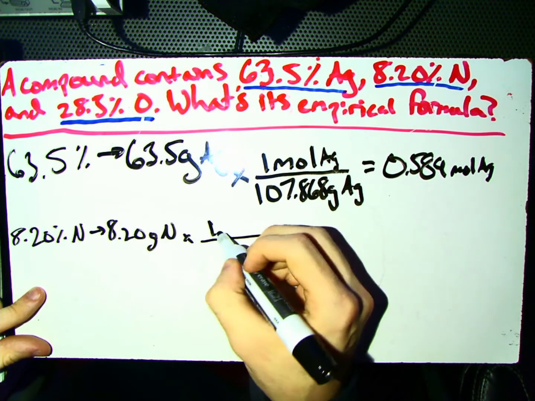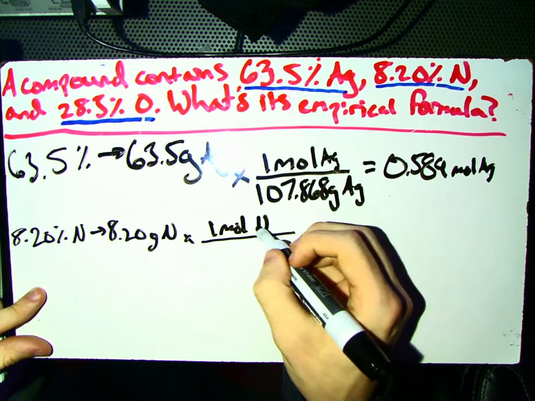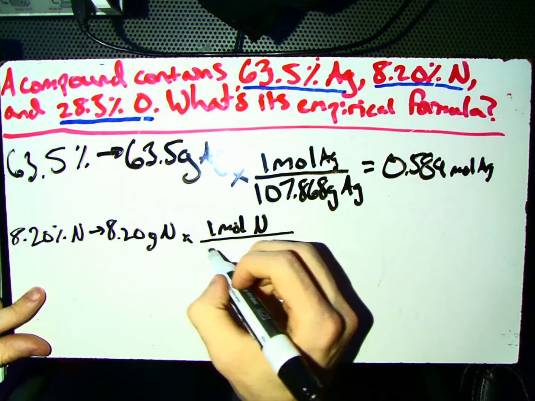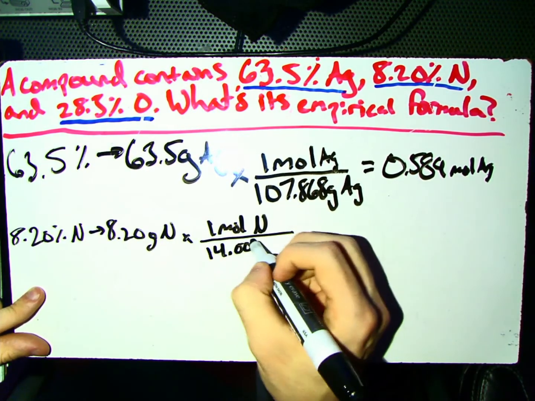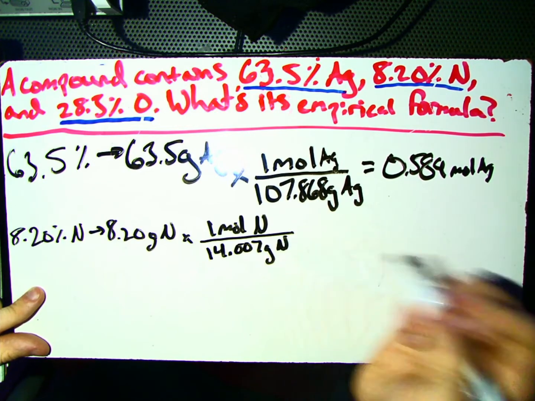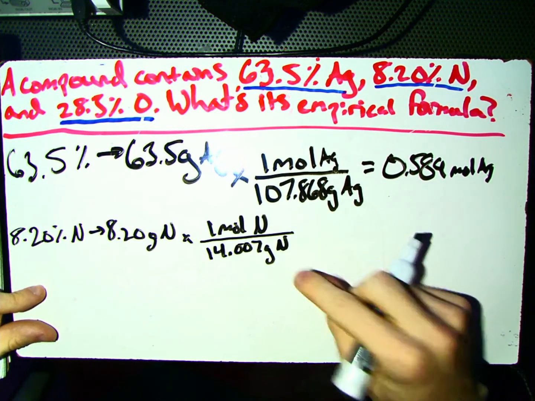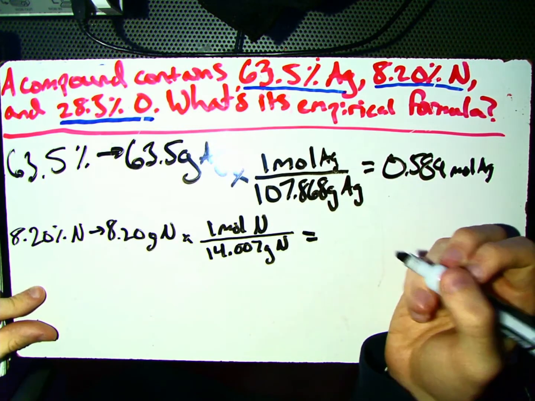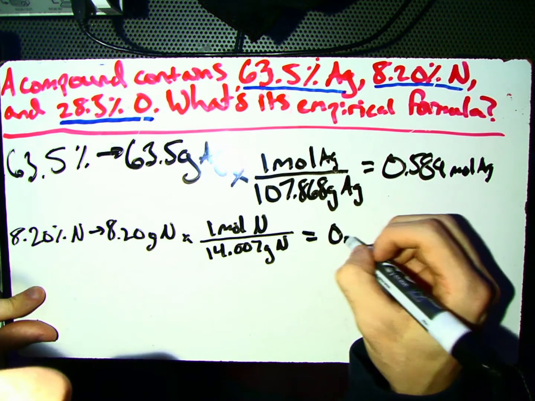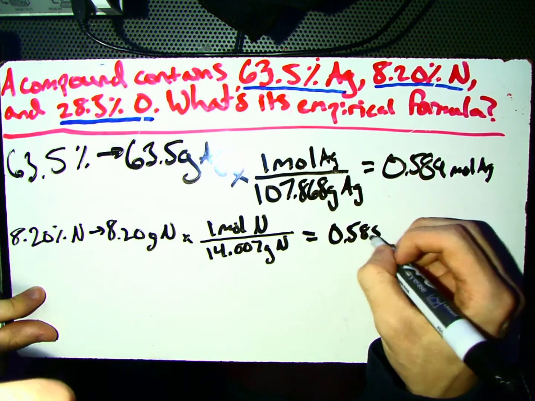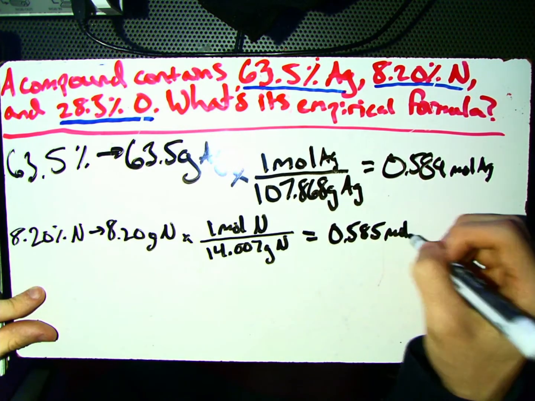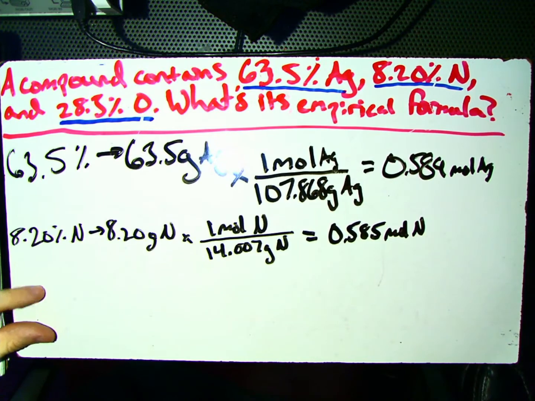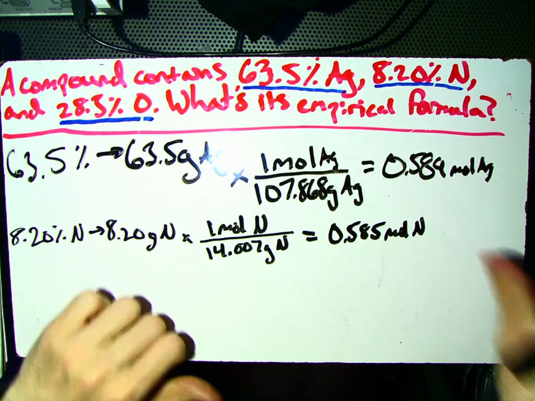Convert that to moles. In 1 mole of nitrogen, you have 14.007 grams. And again, you find this right on the periodic table. If you do that math, you should get 0.585 moles of nitrogen.